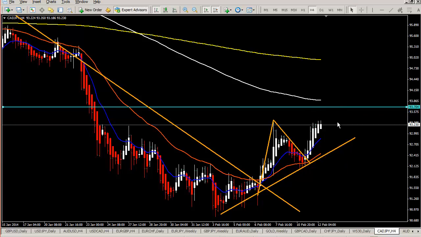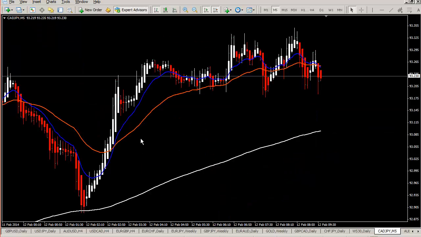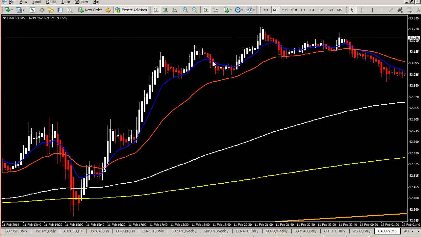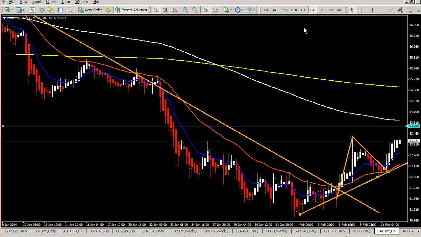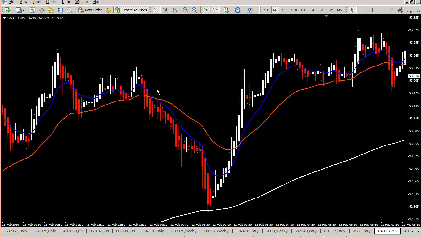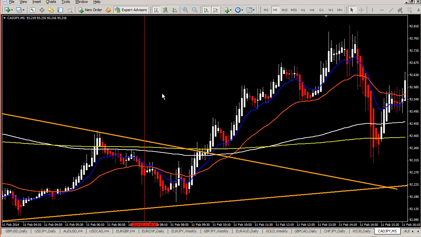So target 1 is out on this trade, and on the 5-minute chart I actually have to change the time frame. So where did you enter? Let me try to find it differently. Let me put a line on here. Okay, there we go.